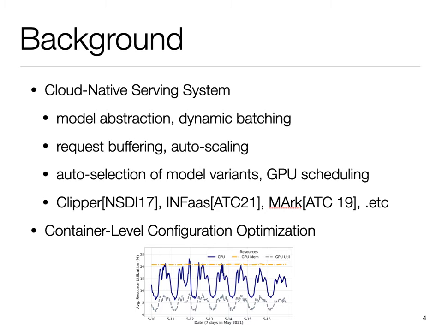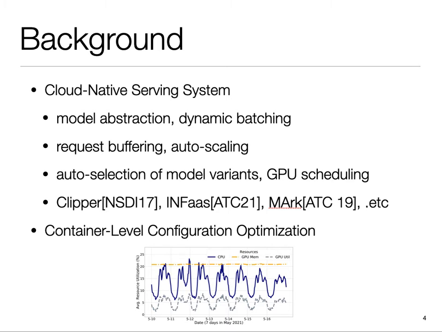To be specific, given a well-trained model, the cloud operator needs to specify the container-level hardware configurations, such as the resource allocation of the container, and the runtime parameters, such as the number of service threads or the maximum batch processing size. These configurations come together to form a large and high-dimensional configuration space.